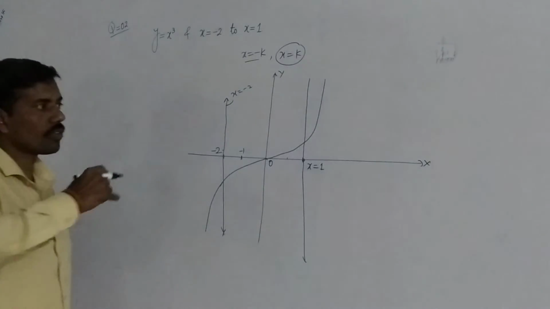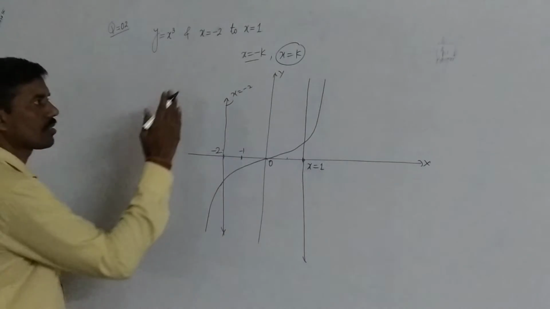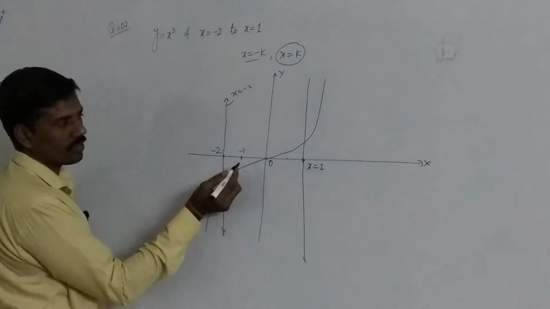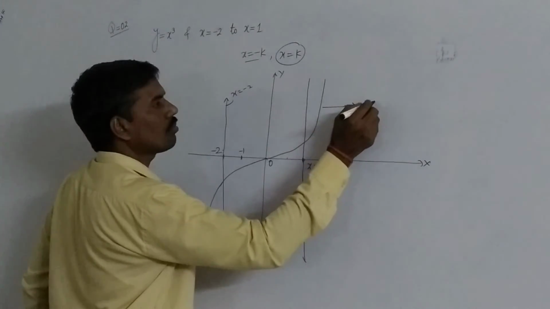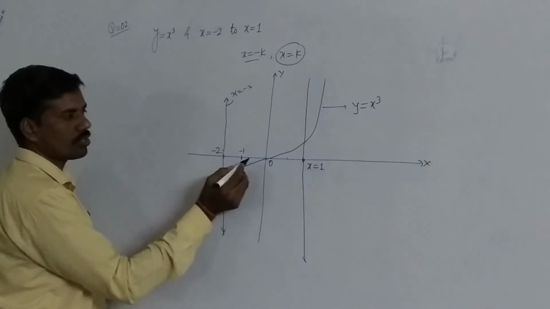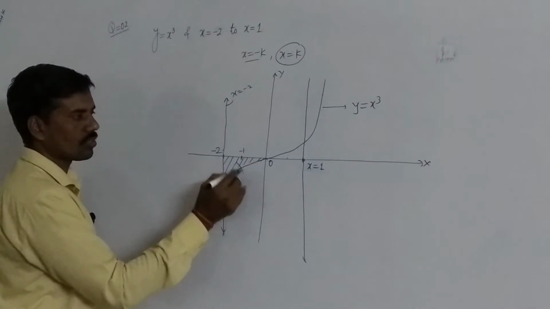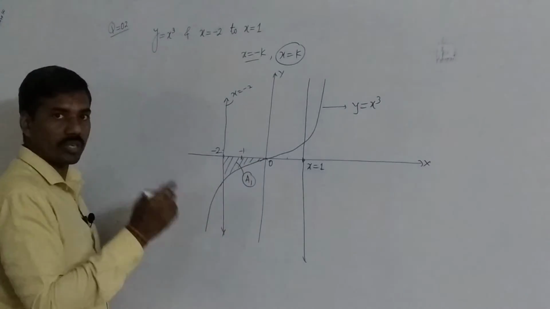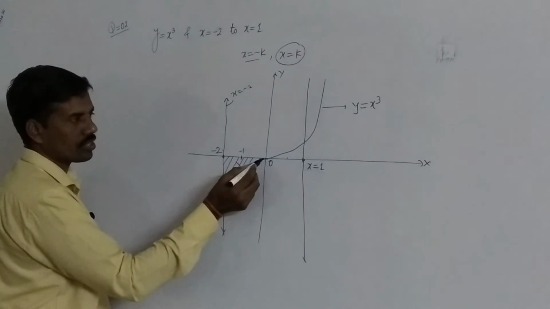So what do we need? We have to find the area between the curves, meaning x is equal to minus 2 and this curve. What is its equation? y is equal to x cube. So this part, this area, let this one be A1. So A1 is made by x is equal to minus 2 and this curve.